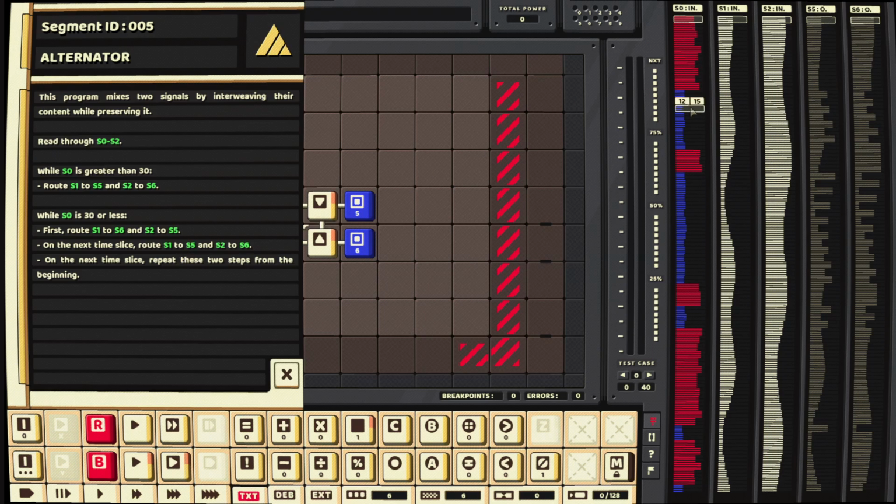So 1, 2, 4, 5, 6, 7, 8, 9, 10, 11, 12, 13, 14, 15. So here, we've gone through an odd number of ticks with S0 being low.